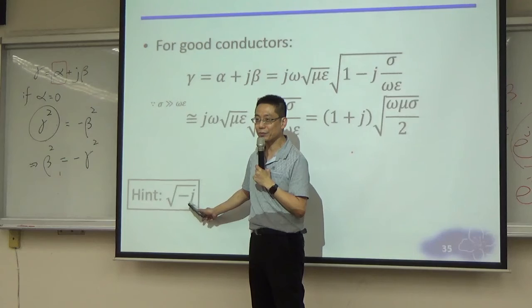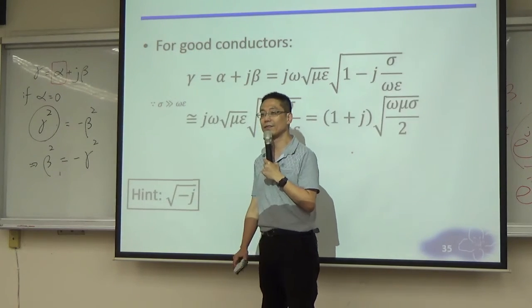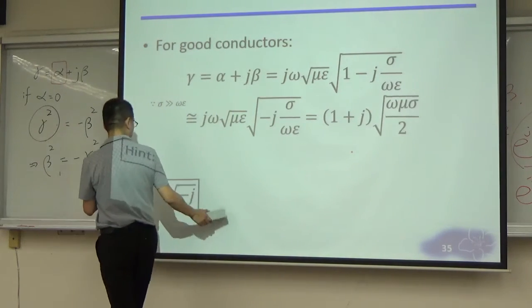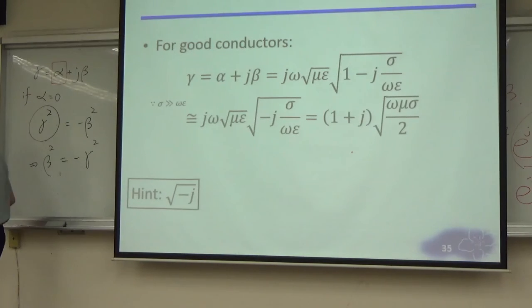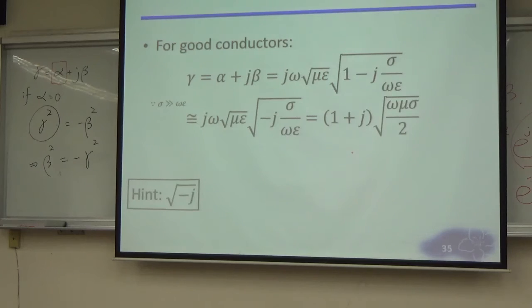What is the square root of minus j? If you know this one, you can get 10 points. This is a math question. Only one term. Why can it become 1 plus j? Why does it become 2 terms? Don't you feel weird?